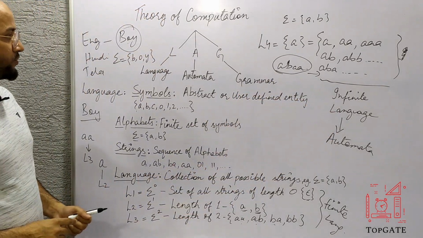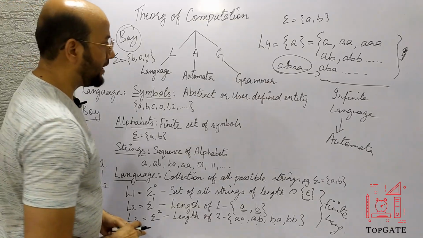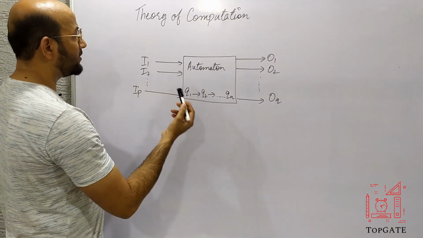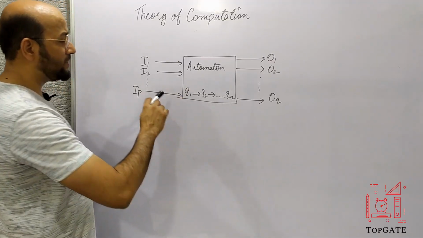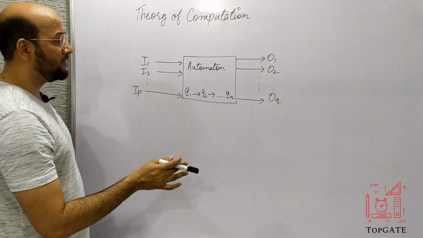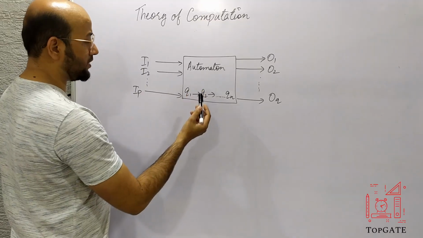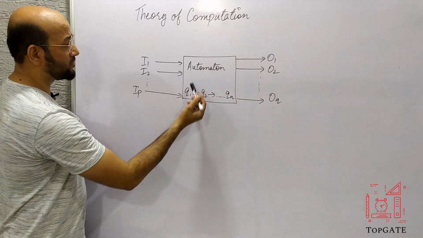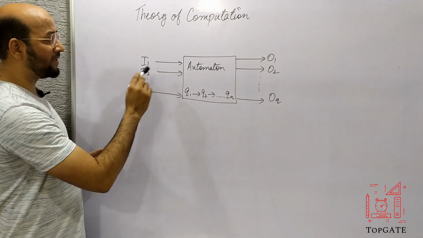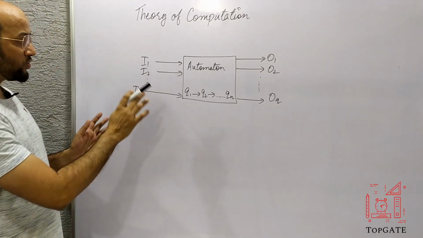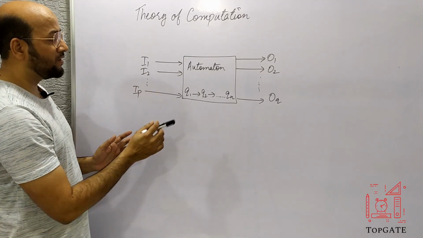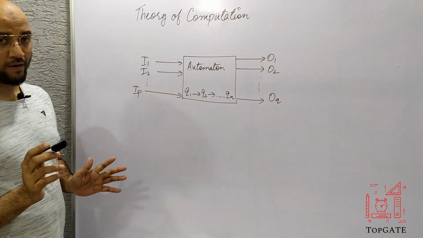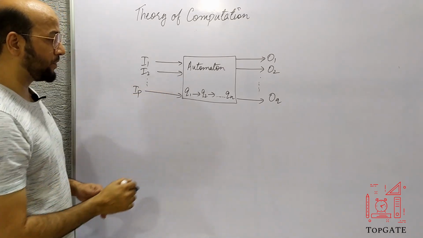Now I'll tell you what an automata is, and then I'll tell you what a grammar is. Automata is a system where the energy, the materials, the information are transformed from one form to another to perform some computation without the direct participation of man. That is called an automata.